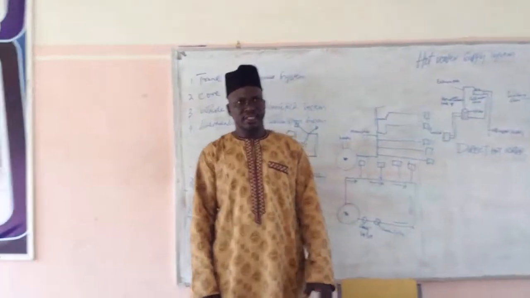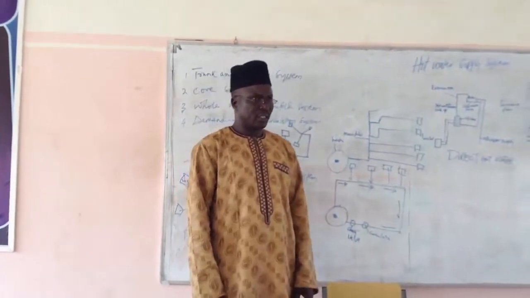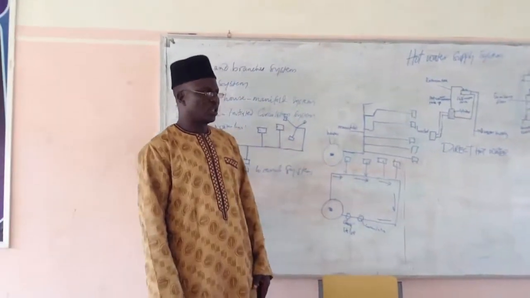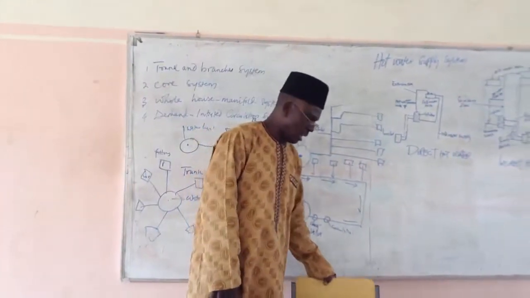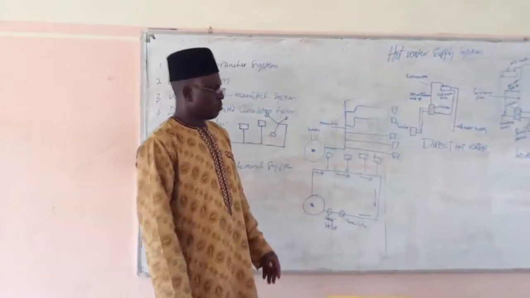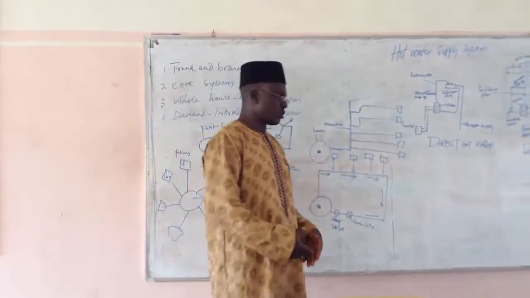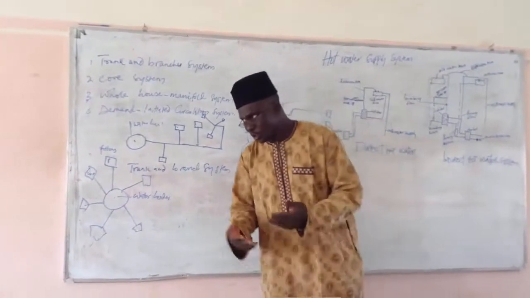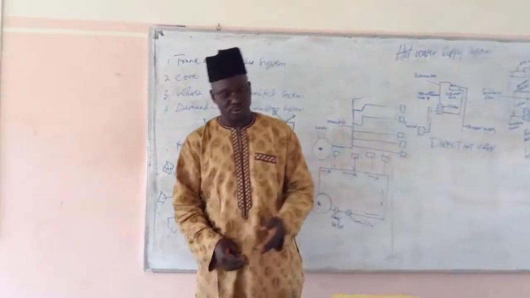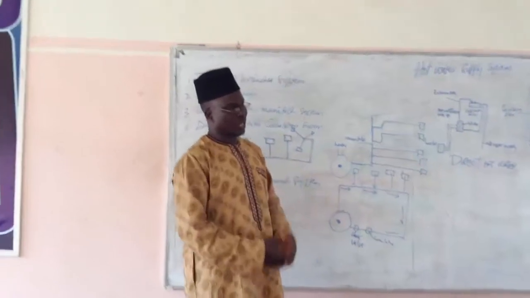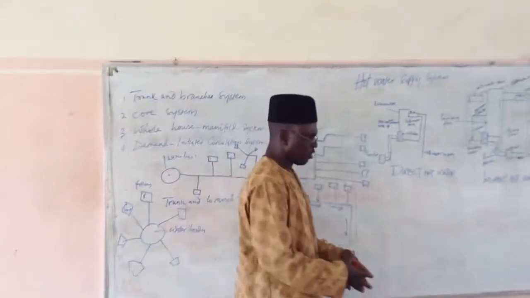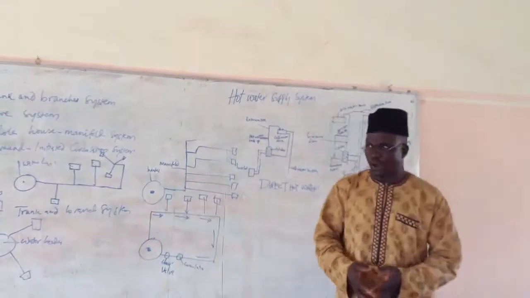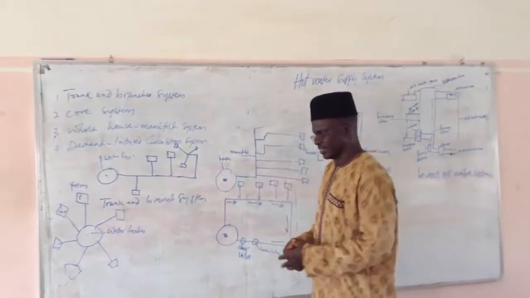Having listened from the beginning to the end, you notice that we discussed the hot water supply system. We discussed what hot water is and where we need hot water in our home. We also looked at the two common types of hot water supply system, the direct and the indirect.